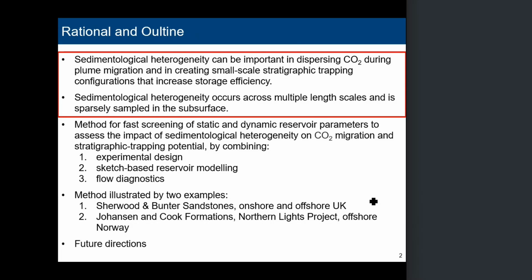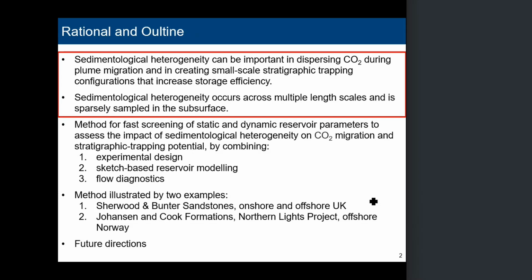What I'm going to show is a method that we put together that uses a combination of three key components. One is experimental design, to investigate the effects of a large number of heterogeneities with a relatively small number of models.